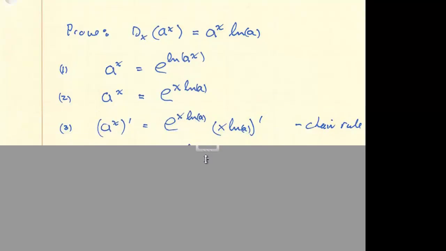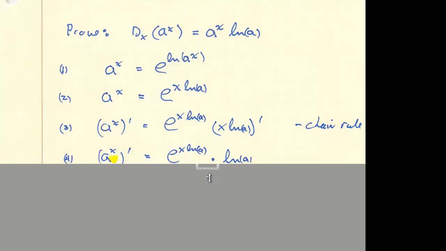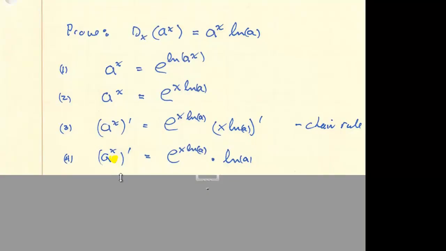So the derivative of a to the x, differentiated to the right hand side, is derivative of e to the thing is e to the thing times the derivative of the thing, and the thing in this case is x ln of a. The derivative of a constant times x is just the constant. In this case, the constant is ln of a. So that leaves us with the derivative of a to the x being e to the x ln of a times the natural log of a.